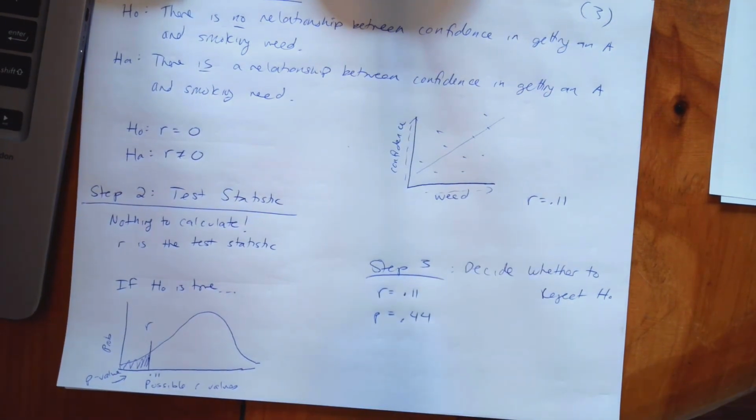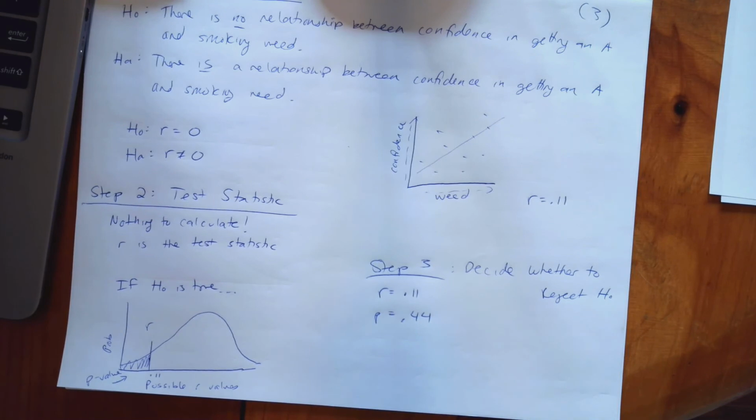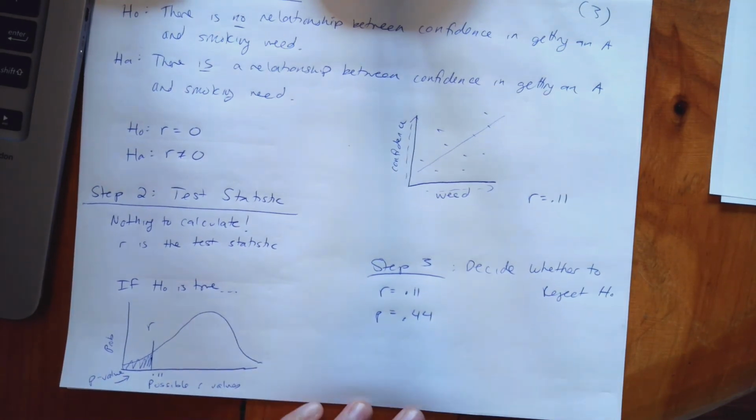So we can interpret this as meaning that if there was no relationship between smoking weed and confidence in getting an A in this class, we would see a correlation as large or larger than 0.11, or as extreme or more extreme than 0.11, about 44% of the time just by chance. So this is a really likely result that you might get in a sample if there's no relationship between these variables in the population.